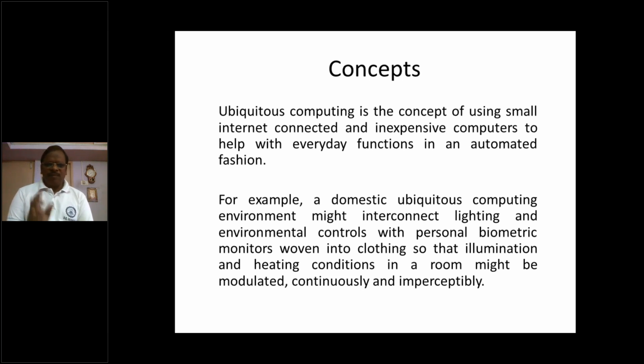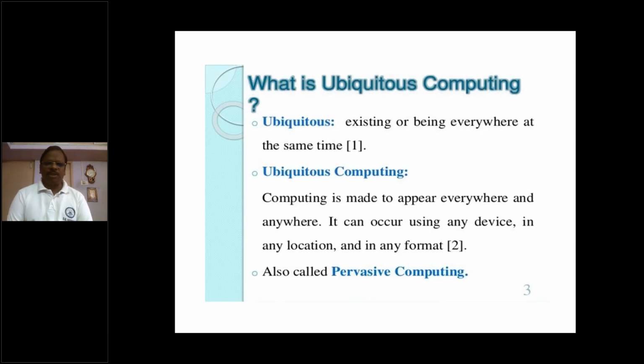Now, what is this? It is a very famous and new computing technology which works within the same environment. We can switch off our light, we can close our door, we can use any kind of devices which are connected through this computing technology. This is the main concept of ubiquitous computing.